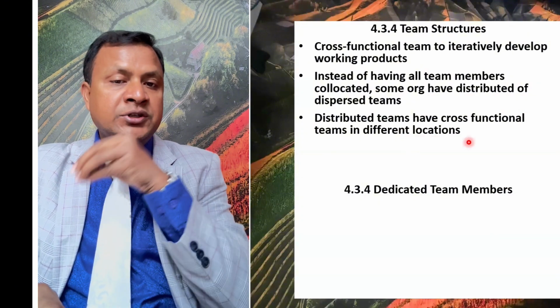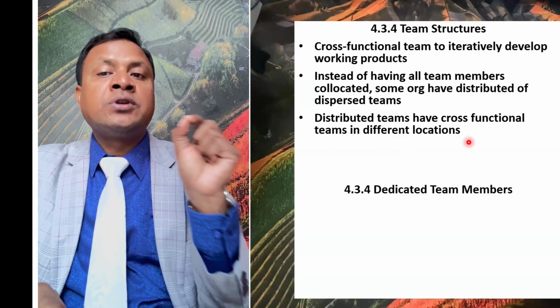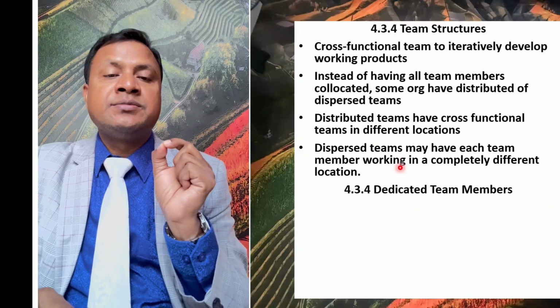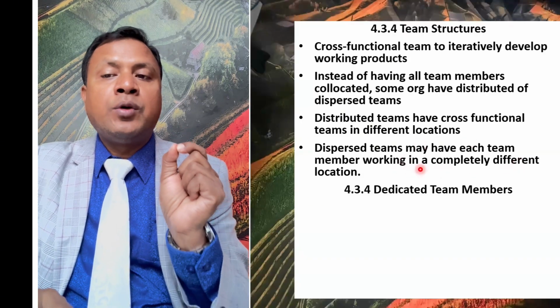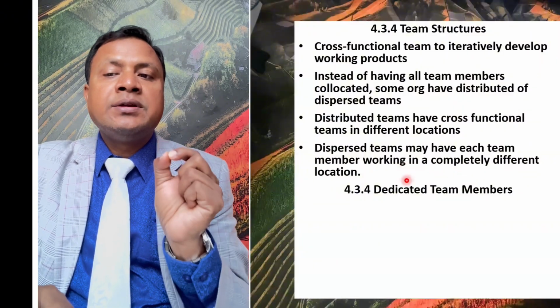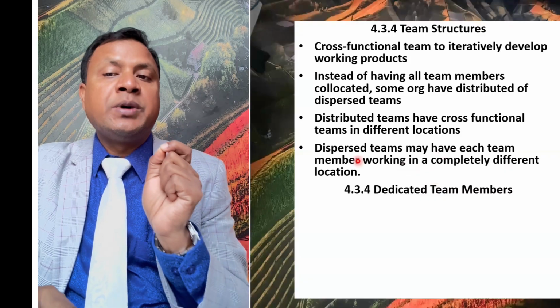So in this place one team, in another place another team. On the other hand, dispersed teams may have each team member working in a completely different location. That's called dispersed teams.